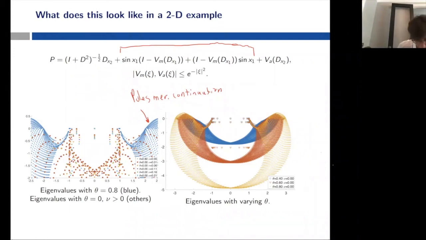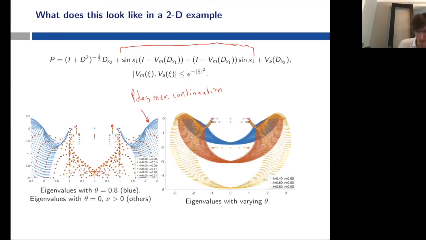And the other ones are theta 0, but nu going to 0. Again, with the light blue triangles, the largest nu, and the red ones, the smallest nu. You can see that these dots are accumulating at points, here, here, here, and so on, in the poles of this meromorphic continuation.